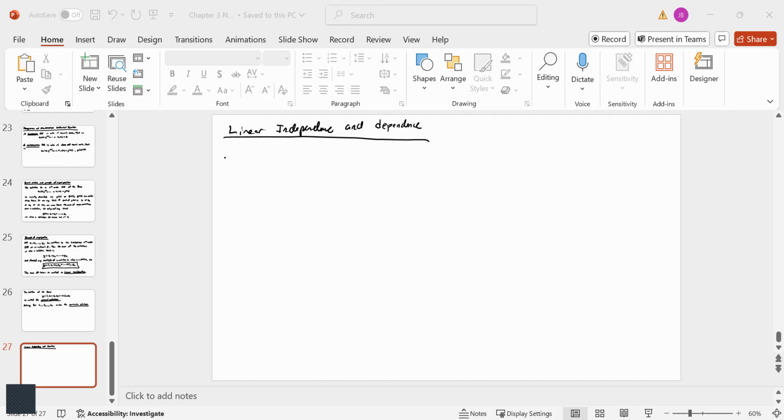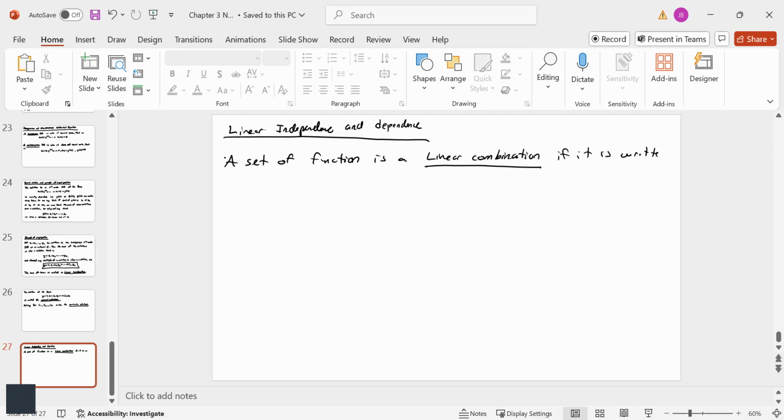And if you think about it that way, that's all it is. Okay. So, a set of functions, in linear algebra, we say a set of vectors is a linear combination if it is written as C1 f1 plus C2 f2 plus dot dot dot plus Cn fn.